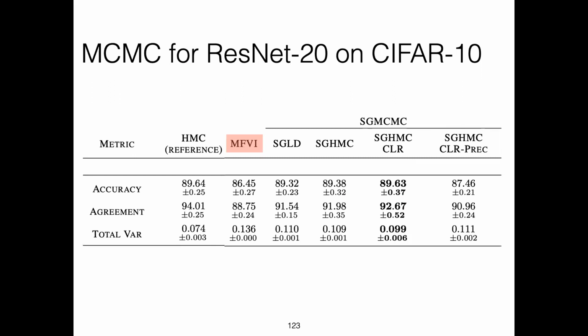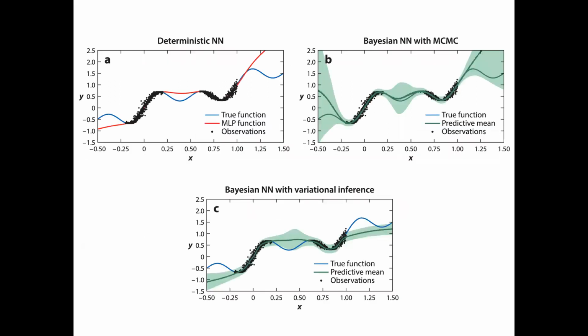Yeah. So I think this is fairly reflective of what you usually see, right? You usually see underestimation of uncertainty in places when you resort to variational inference.